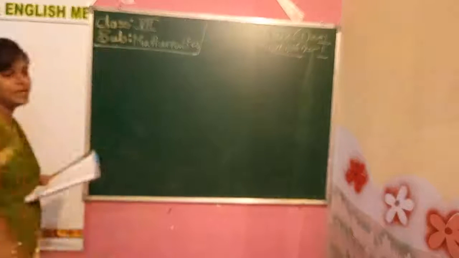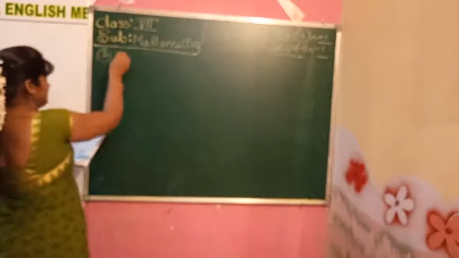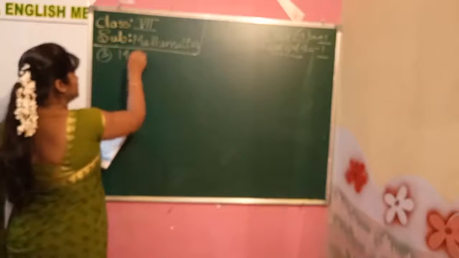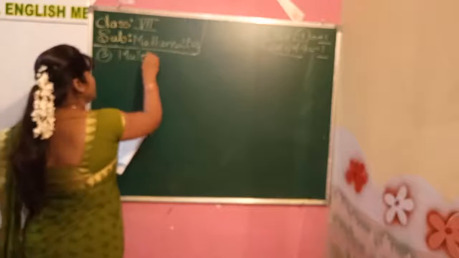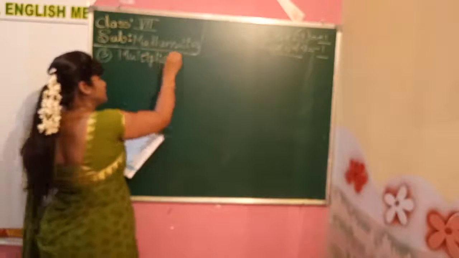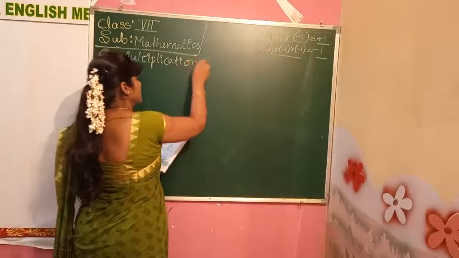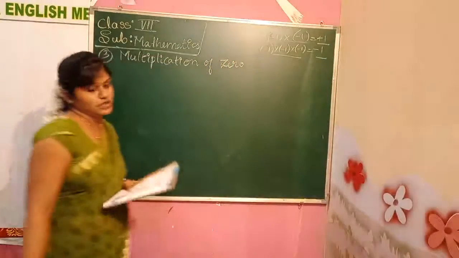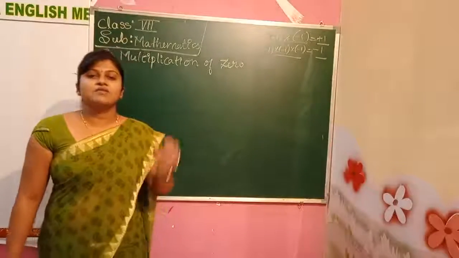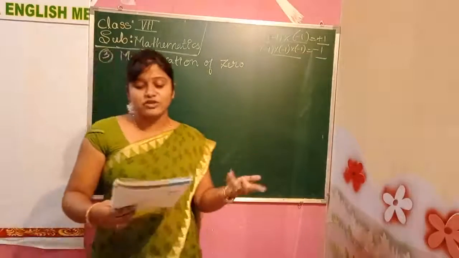Now we move on to the third property, the multiplication of 0. Multiplication of 0 means what? Multiplying any number with a 0, we get 0 itself.